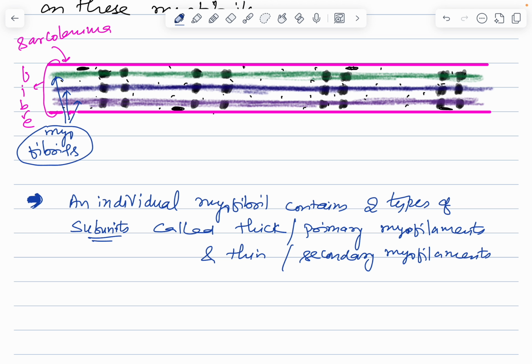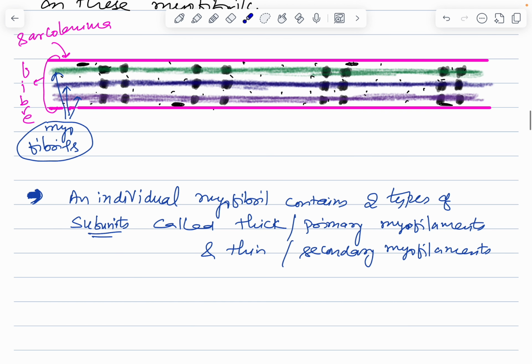An individual myofibril itself contains two types of subunits. What exactly is a myofibril? A collection of proteins. So what will be its subunits? Proteins only. So there are proteins arranged inside a myofibril in two manners: thick or primary myofilaments, and thin or secondary myofilaments.